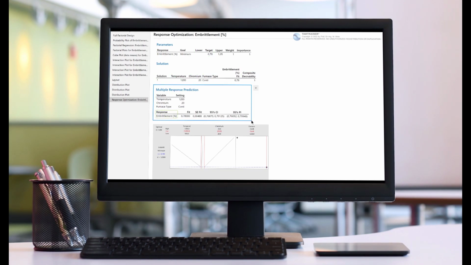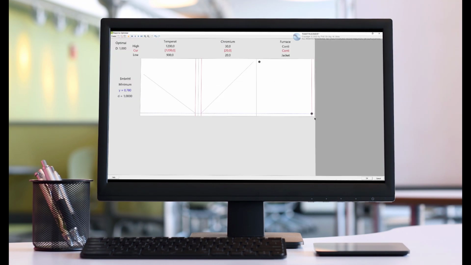For this purpose, we will use the very helpful interactive response optimization window to set the 3 parameters in such a way that the undesirable embrittlement components in the skateboard axles are reduced to a minimum. As part of this response optimization, we will also understand, for example, the difference between so-called individual and composite desirability.